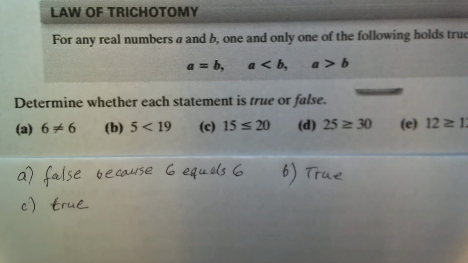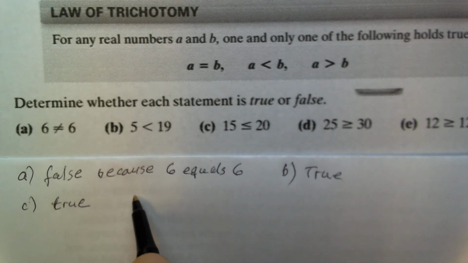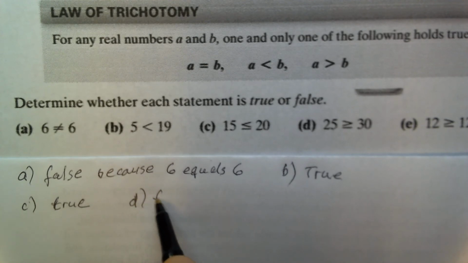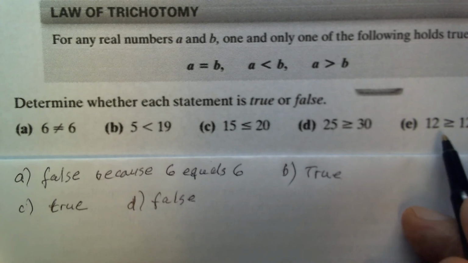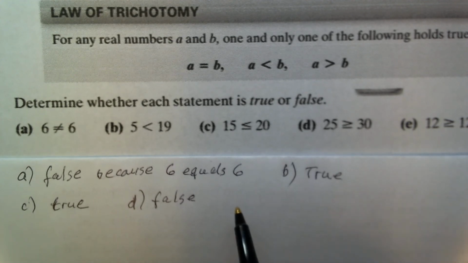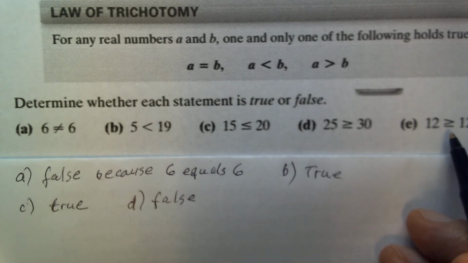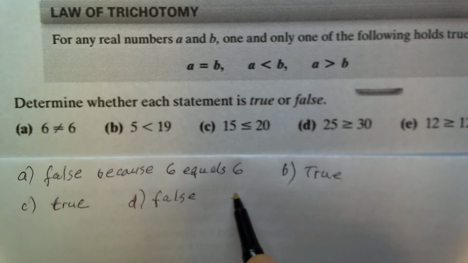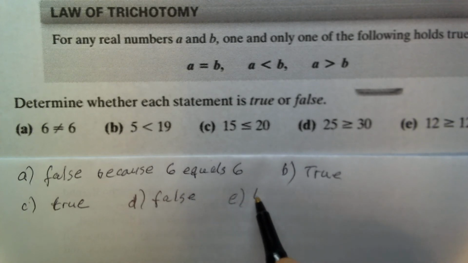That is false. Neither the equal nor the greater applies. So D is false. And E, here we have 12 is greater than or equal to 12. Well, 12 equals 12, so in this case the equal applies. So therefore E is true.